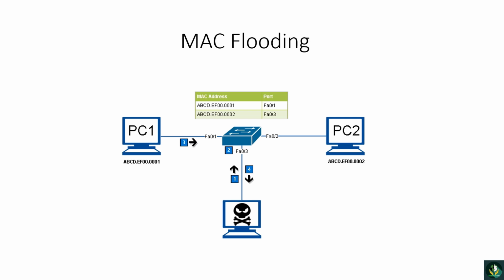Now that's not it. A real MAC flood is simply where we have our switch and we create some Ethernet frames, each of which contains a different source MAC address. We send all of those to the switch, which overloads the switch memory, and that does something peculiar.